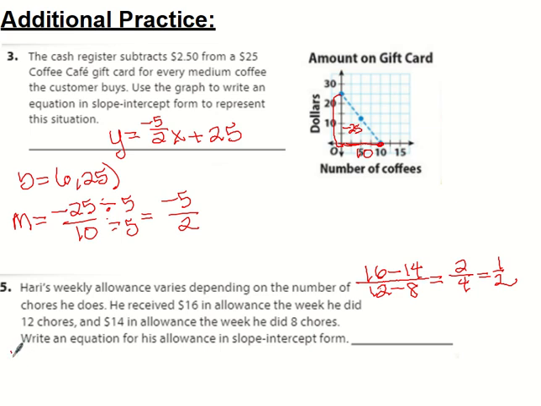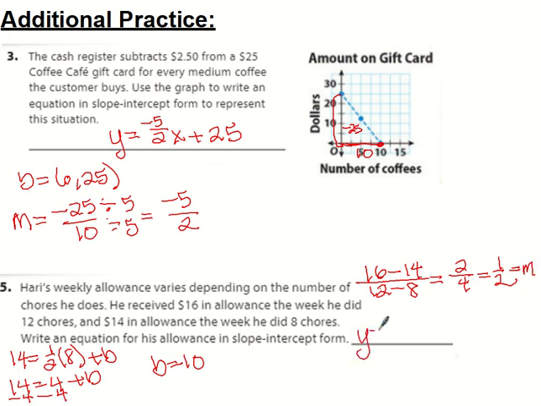So I'm going to go 14 equals a half times 8 plus B. So we get 14 equals 4 plus B. And then inverse operations, I subtract 4, and we get B equals 10. So here's my slope, I'll write M. Here's my Y-intercept. So we get Y equals a half X plus 10.